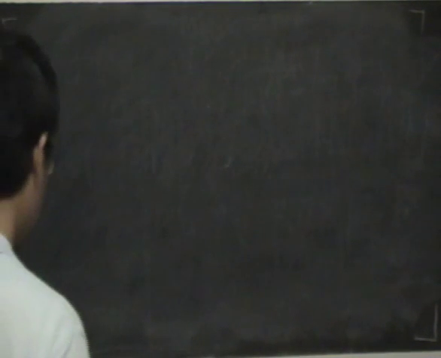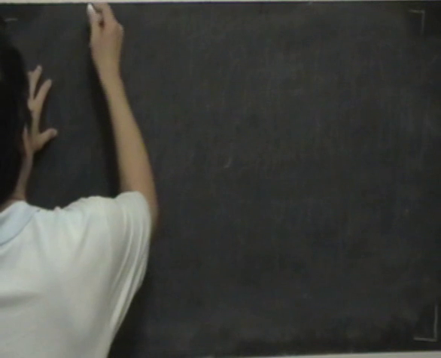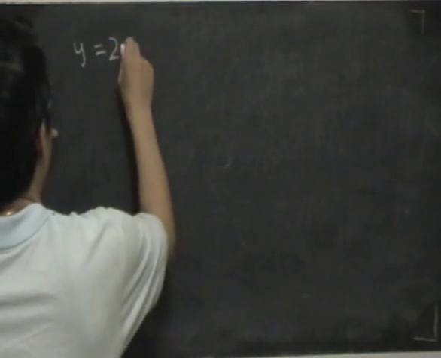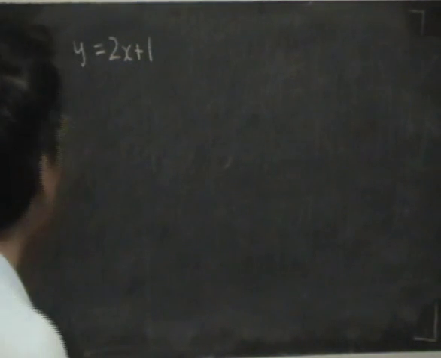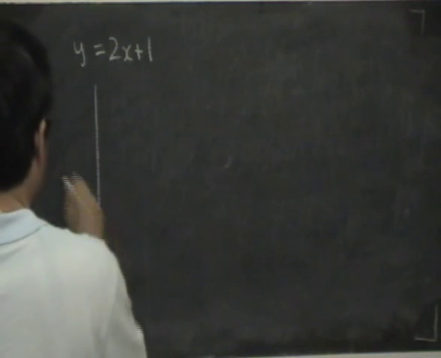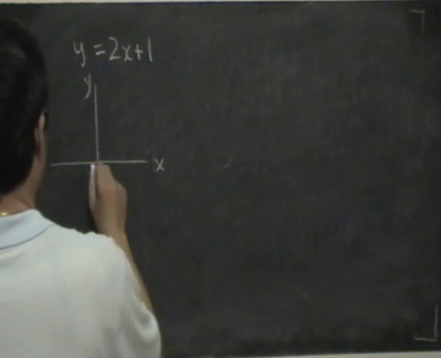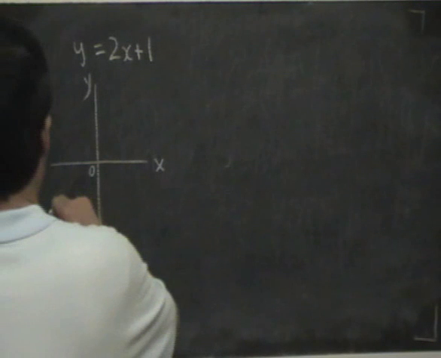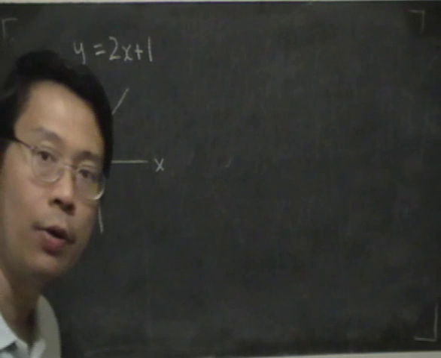Now let me just summarize what we have learned so far. If I have y equals 2x plus 1, an equation like that, and if I plot the graph, it looks like this, right?